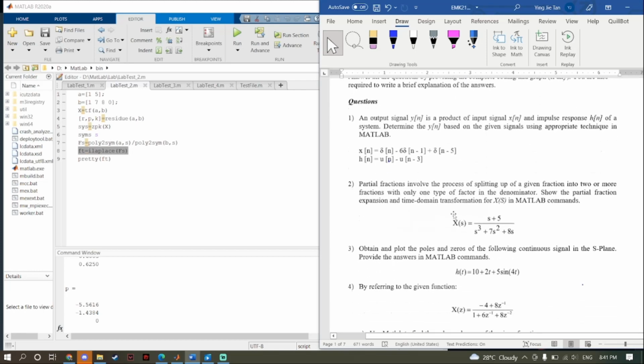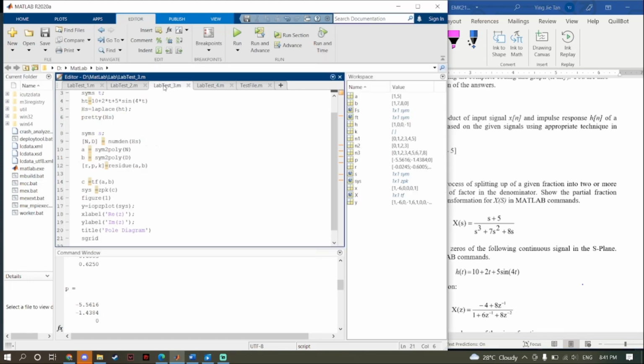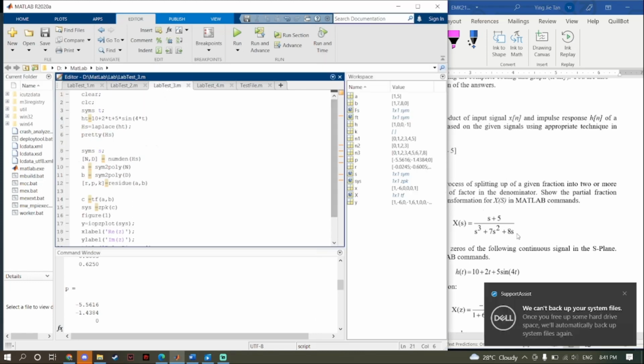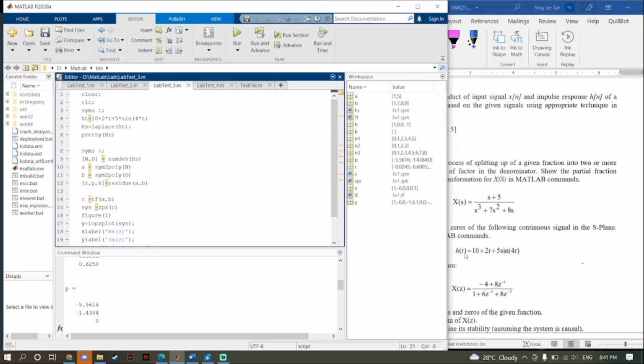So question 3, we are asked to plot the poles and zeros, I mean the graph in the S-plane. So here's the command. Firstly, we get our equation in time domain. So we must declare syms t, which is in time domain.